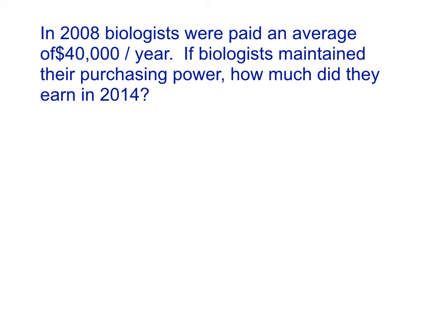So what I'm saying here is that if the nominal income was $40,000 per year, what would the nominal income have to be in 2014? Now, comparing these two, that basically means that the real income has to remain constant. So I'm trying to figure out how to maintain a real income that is constant.